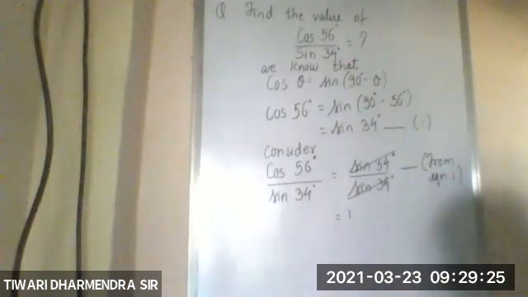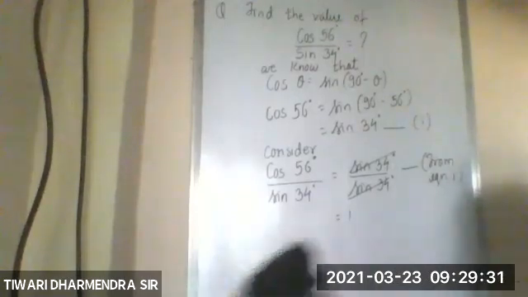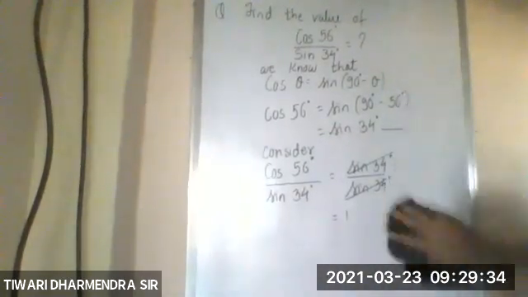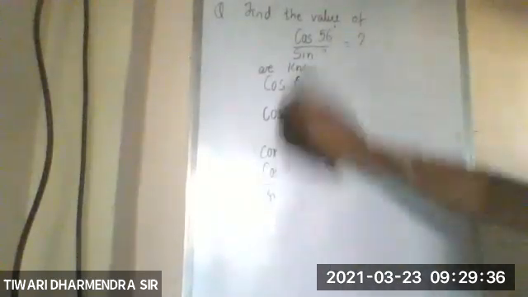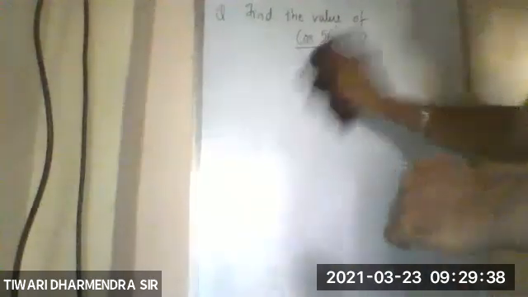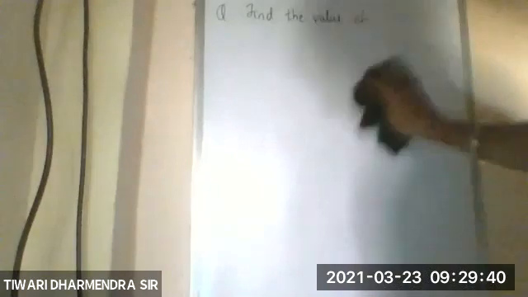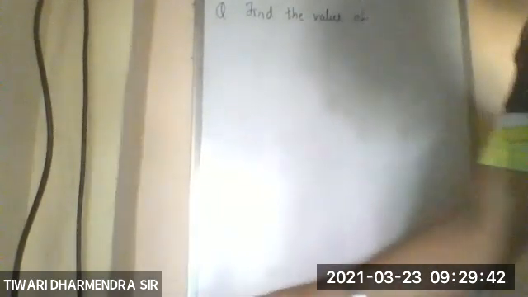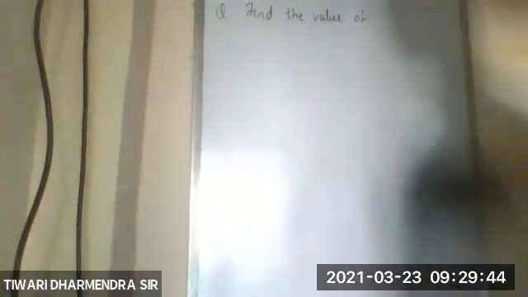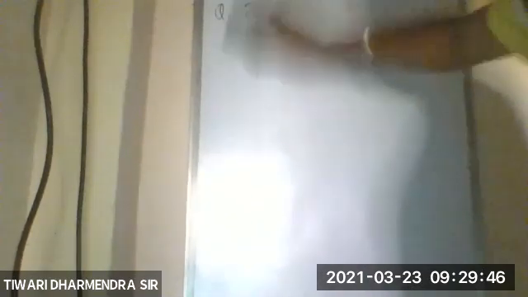Now we'll move to the next. The next example is: in a right angle triangle ACB, they're giving a right angle triangle.